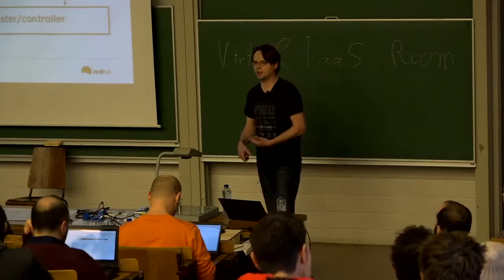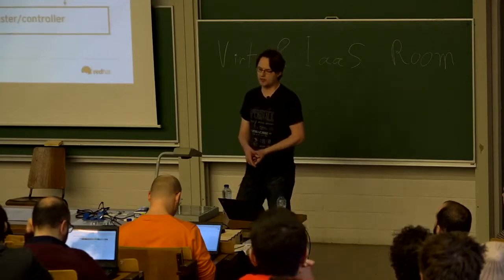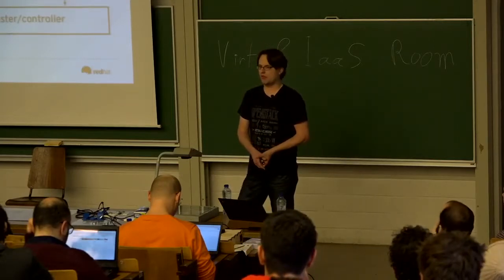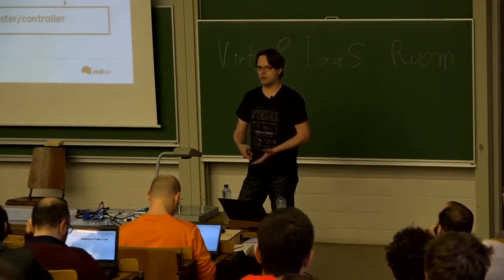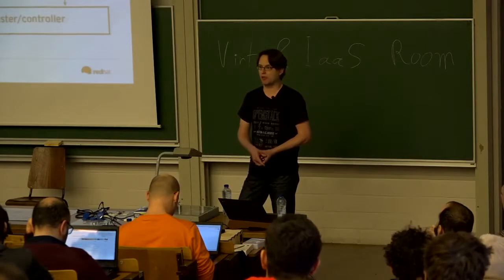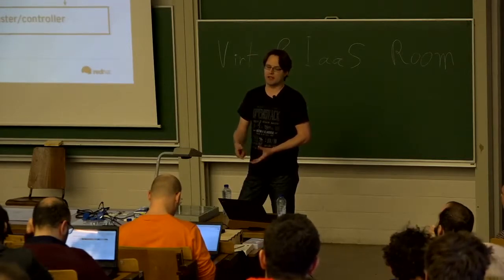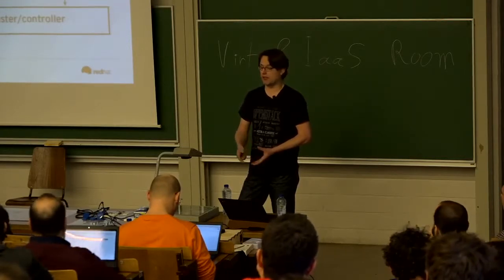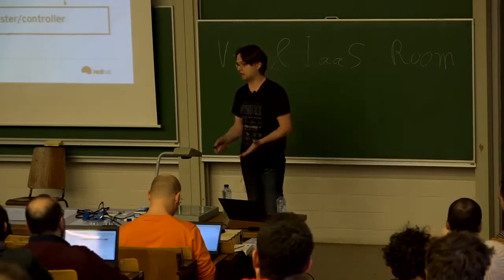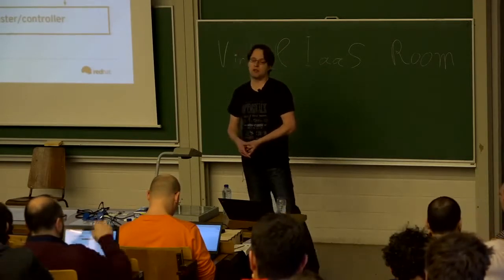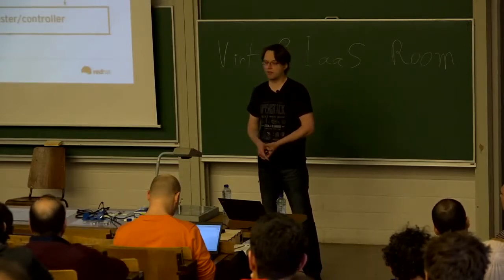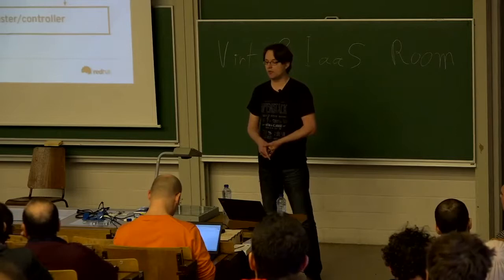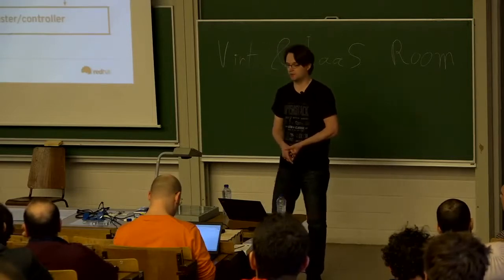In the background, there's a second service called the Manila Share Service, which talks directly to your storage cluster. The storage cluster then exposes, for example, an IP address where you can mount this shared file system. At the end of this, the tenant administrator gets back an IP address, for example, that you can then use in your guest VM to mount this created share. And finally, your guest VM is talking directly to the storage backend.